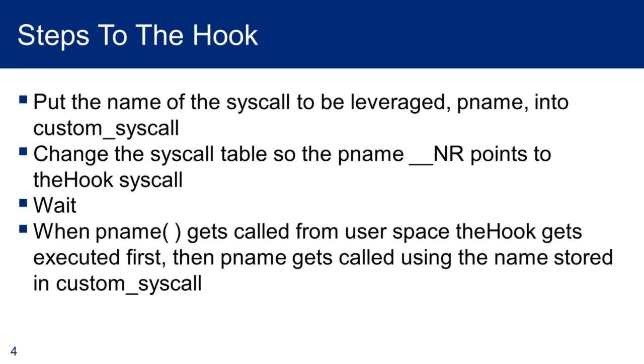That means when a user calls pname, the call will be diverted to the hook. And when the hook is finished with its malicious activity, it knows where to get the name of the original system call because it is stored in custom_syscall. Once the calling sequence has been modified, the LKM just waits for a user to call pname.